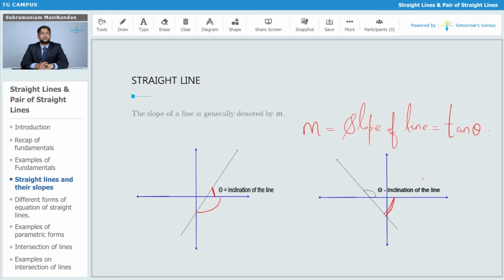And with respect to that direction of rotation, if I get the angle as acute, then I say that it makes an acute angle with the positive x-axis. Again, rotating in the counterclockwise sense, if I get an obtuse angle, only then can I say that the inclination of the line is obtuse with respect to the positive x-axis.